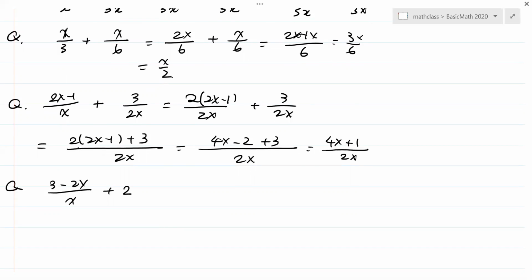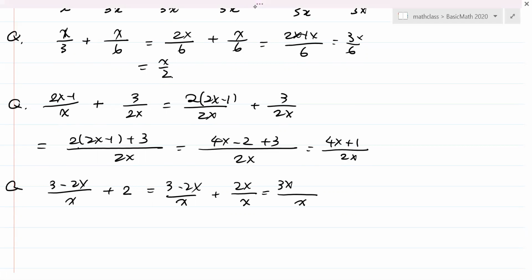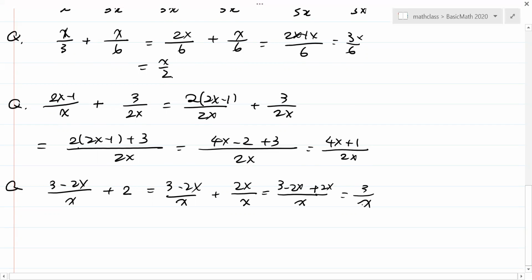At the very beginning, you can say 2 over 1, but I think you can directly write 2x over x. Then they have a common denominator, and you add them together. You get 3 minus 2x plus 2x, and the numerator simplifies to 3. So you'll be surprised: it's 3 over x.